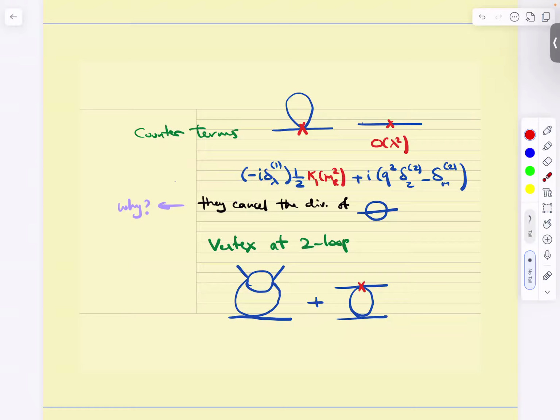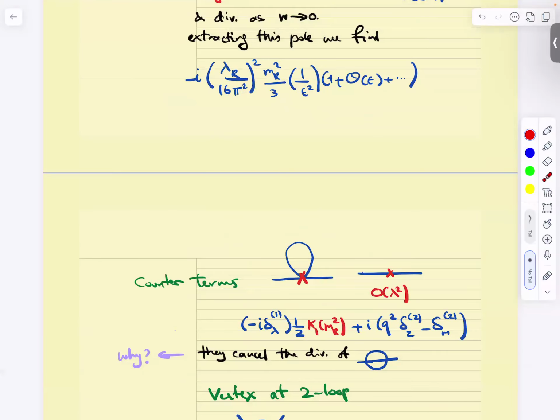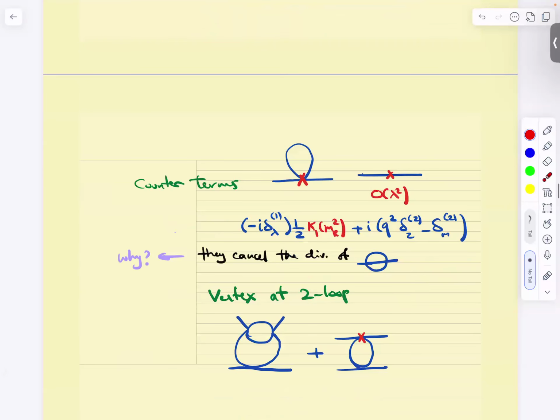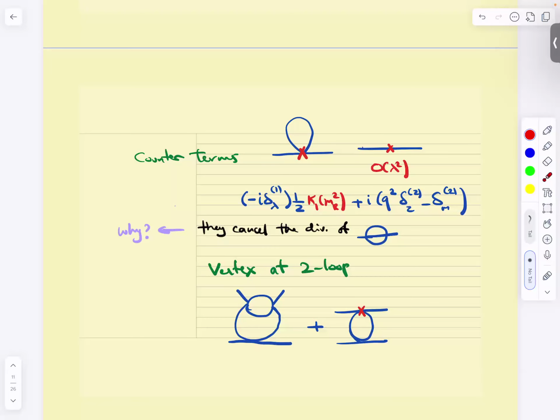The second order term is precisely what will cancel this side. All right. So how do they cancel it? This is a calculation for you guys to do. It's not hard. You just have to do a little bit of algebra.